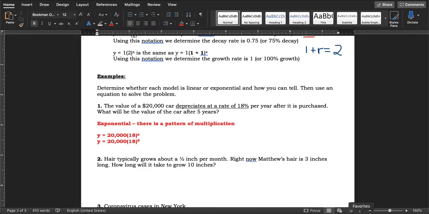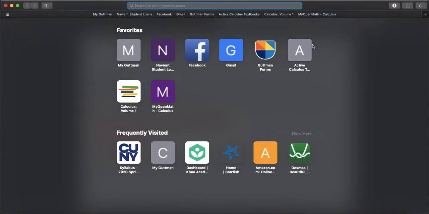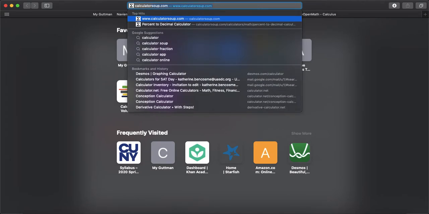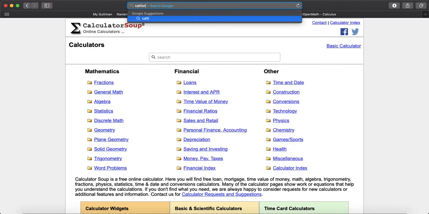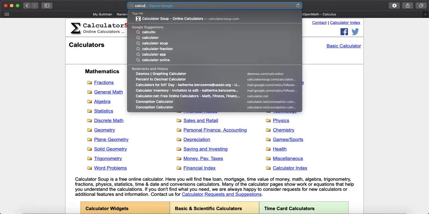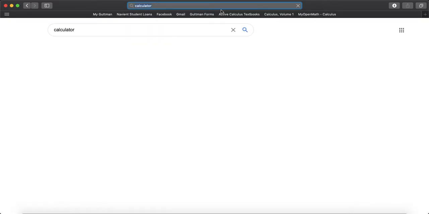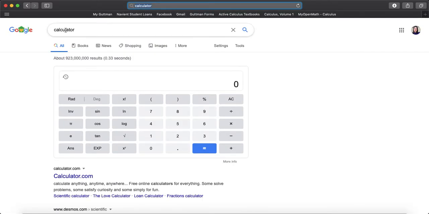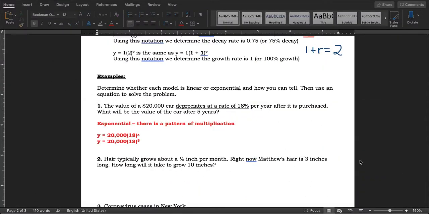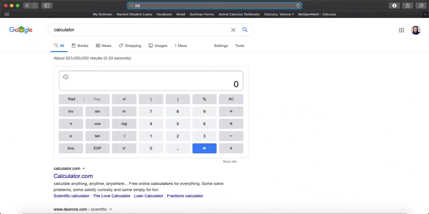and since we're using exponents, let's pull up a calculator on Google. 20,000 times 18 to the power of 5.